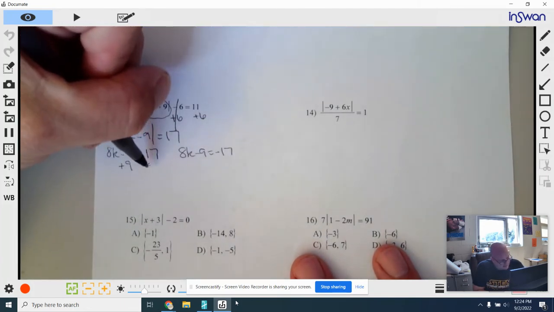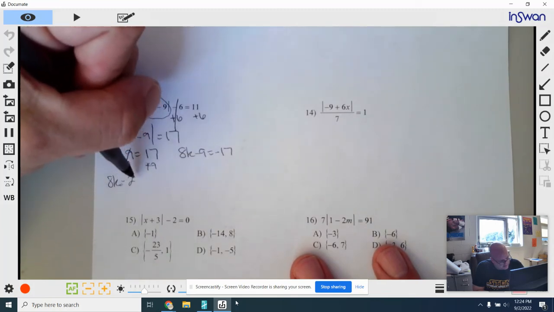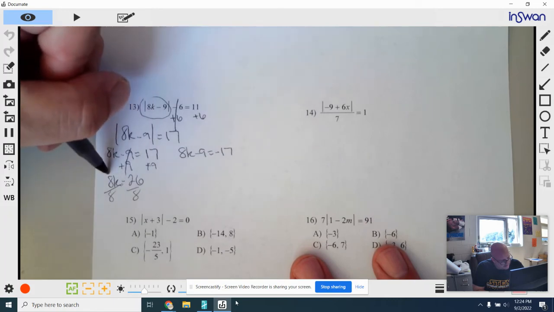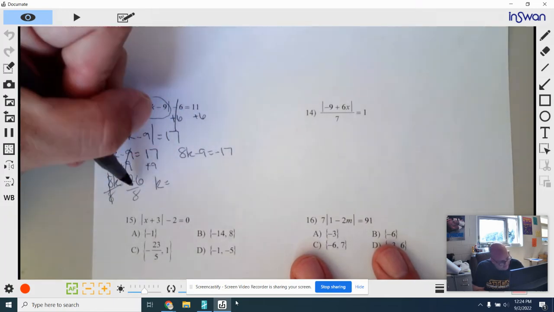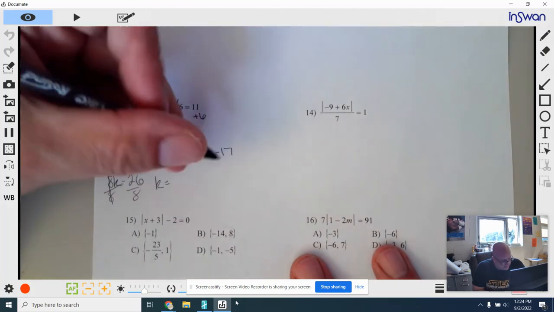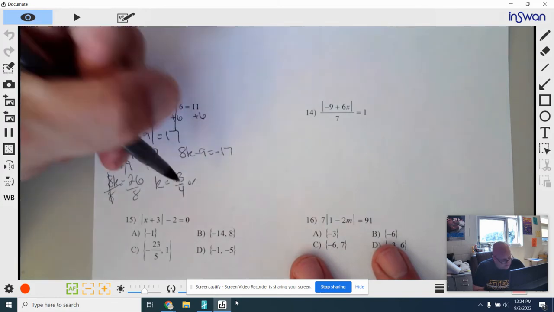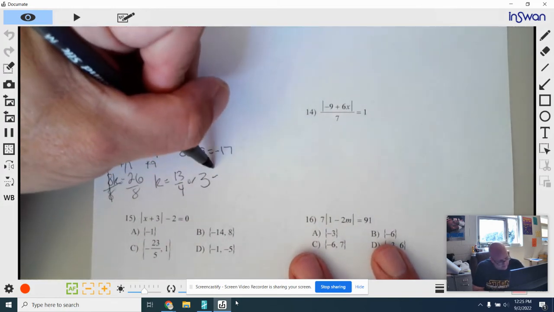Okay, add 9 to both sides. Get 8k is equal to 26. So divide by 8. So k is equal, I'm going to reduce that down. They're both even, so they'll cut in half. So 13 over 4. Or, let's see, 4 goes into 13 3 times, remainder 1.